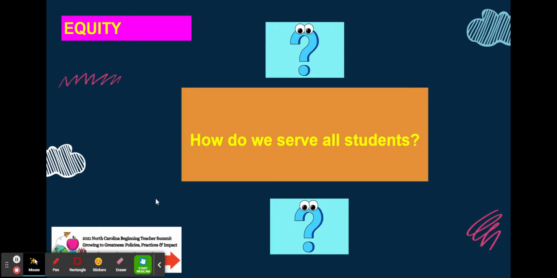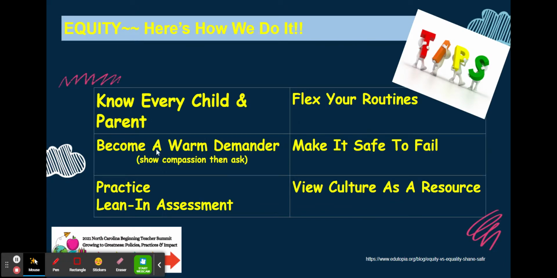So you say, well, how do we serve all students? And so when we think about understanding teacher efficacy, it really allows us to hone in on choice in reaching and teaching students. So when we look at how we do it, here's what we do.